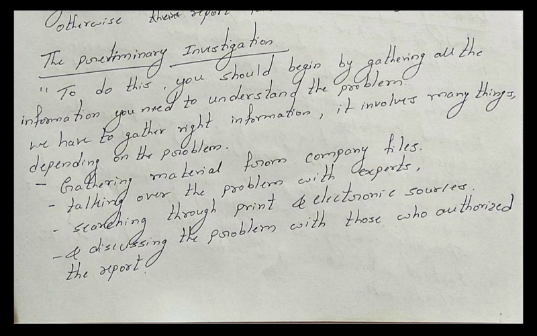To do this, you have to start a preliminary investigation, that is, a literature survey. You should begin by gathering all the information you need to understand the problem. To understand the problem, you have to start collecting whatever information is necessary.